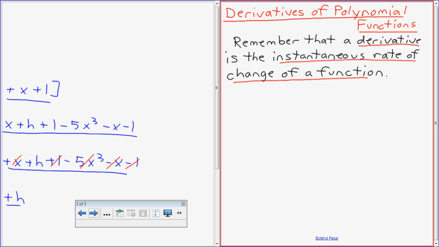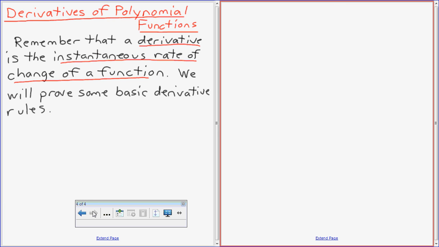Today we're going to prove some basic derivative rules. And we're going to say that a derivative can be written as either f prime of x or dy by dx.